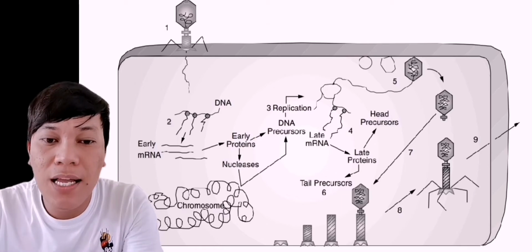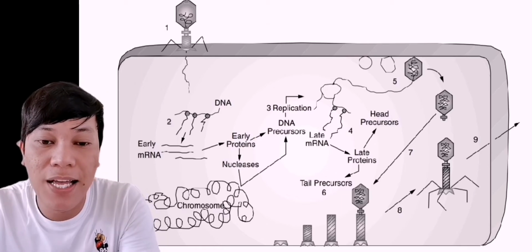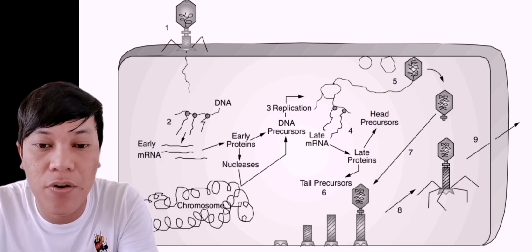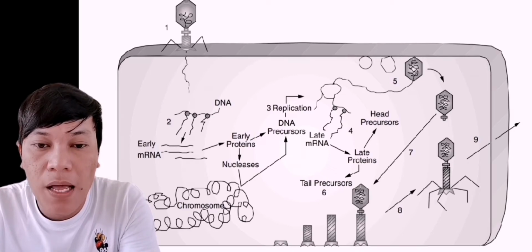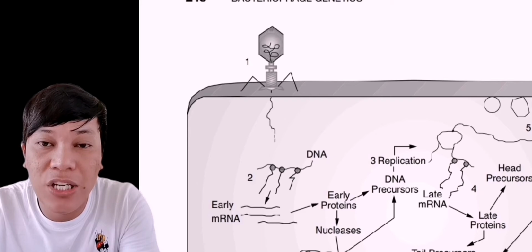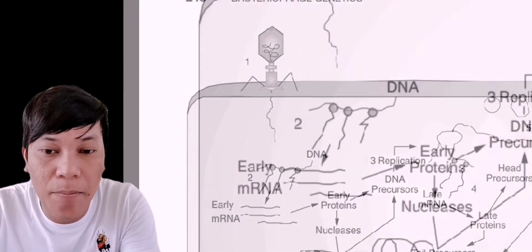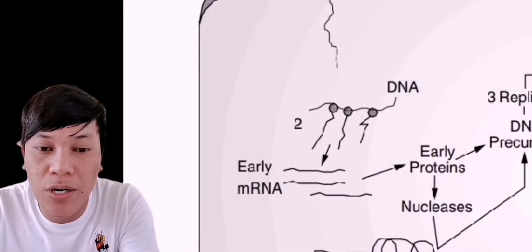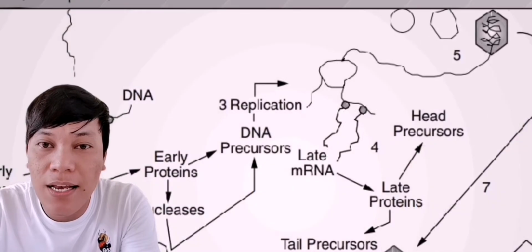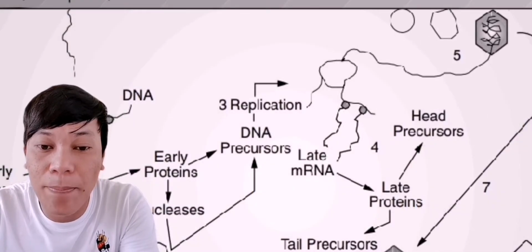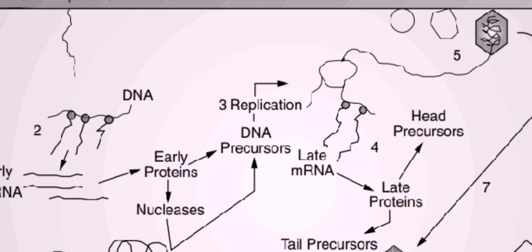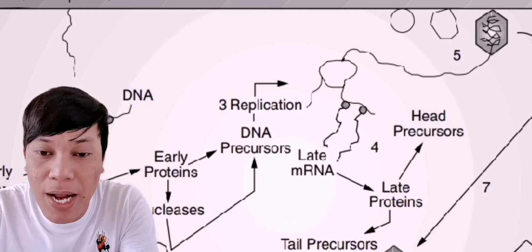As you can see in figure 6.5, this is the life cycle of T4 phage. Number 1, the attachment and injection of DNA. Number 2, transcription of early genes. Number 3, replication and concatemer formation.